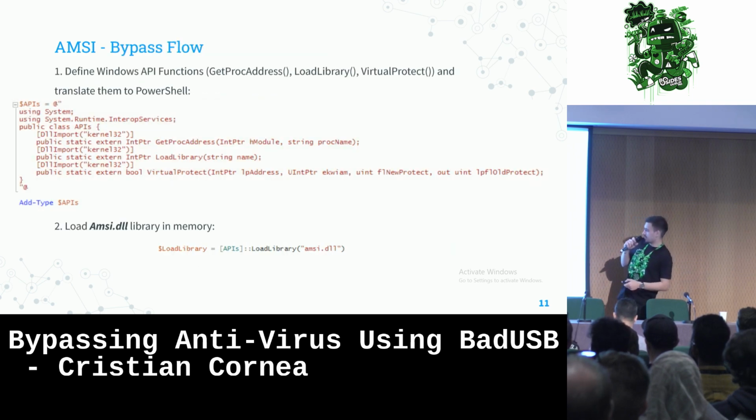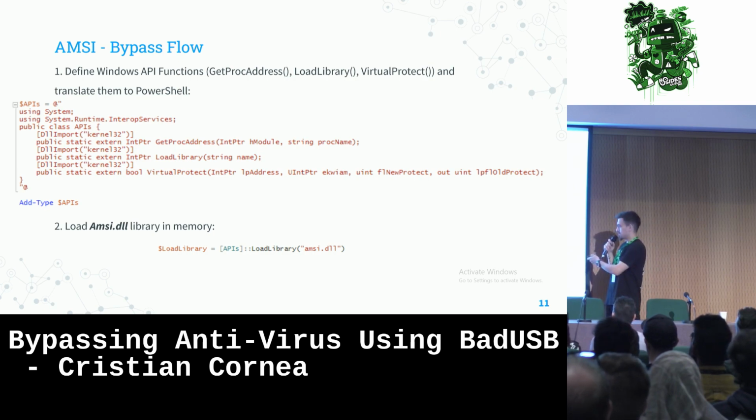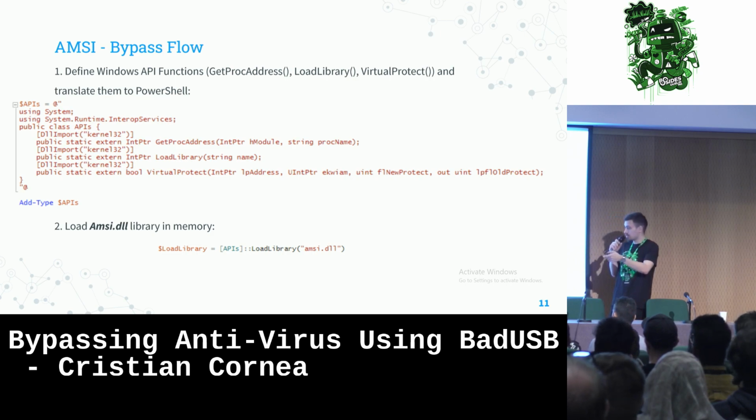Okay, this is the first step in building our payload. As you can see here, this is not PowerShell code. Basically, we can use C-style code in PowerShell with Add-Type.